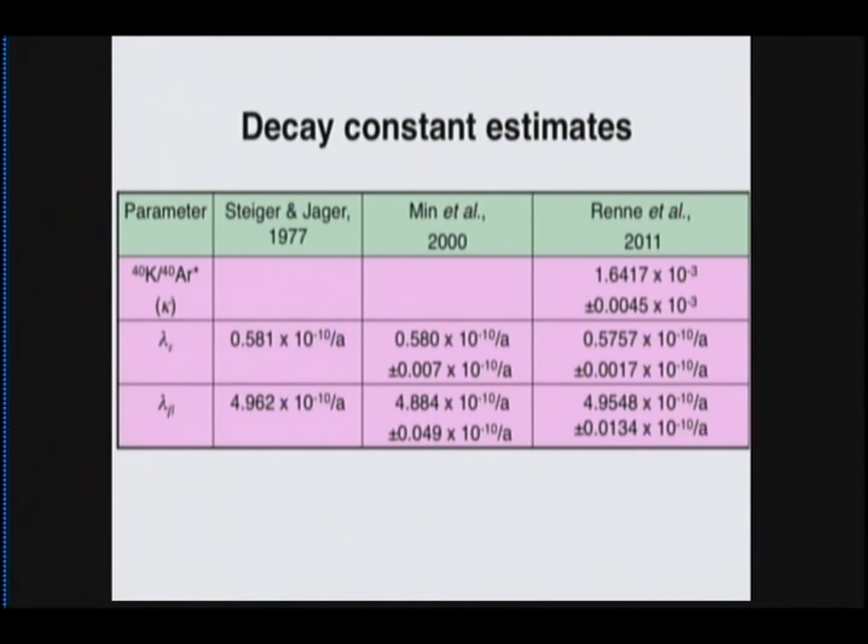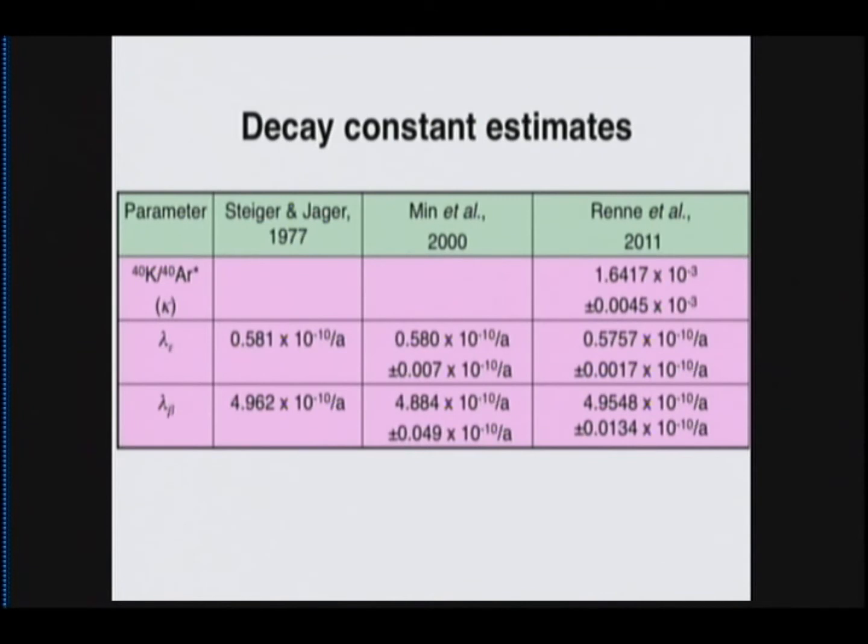So as I mentioned, my student Min 12 years ago did a reanalysis of all the fundamental data and actually came up with the uncertainties, which are shown here. So the value that we get for the electron capture decay, which is the most important one for this chronometer, is pretty similar to what Steiger and Jaeger reported. The beta decay, however, we got a pretty significant difference for this.